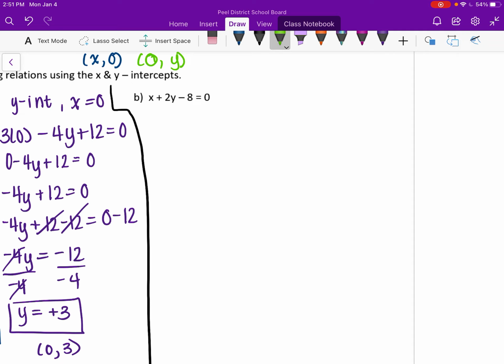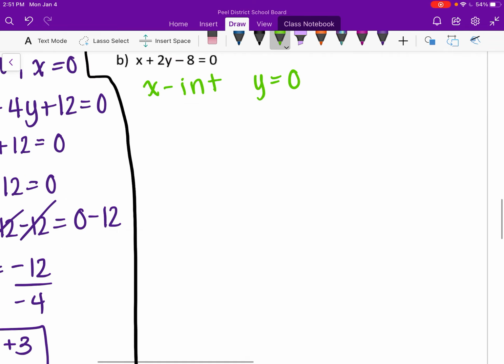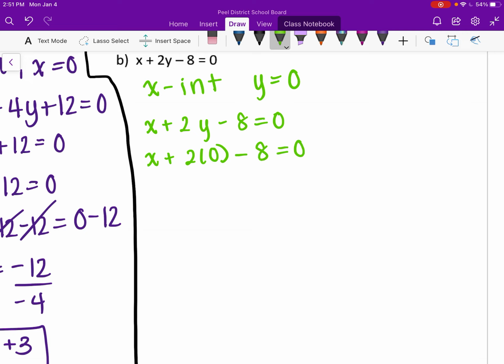So we're going to just go over and do this one. So we're going to find the x-intercept. Like we learned in yesterday's lesson and like we did before, the x-intercept is when y is equal to 0, right? So I'm just going to plug in y equals 0 in this equation that I've been given. So x plus 2 times 0 minus 8 equals 0, right?